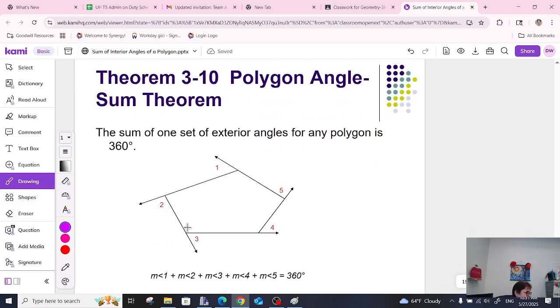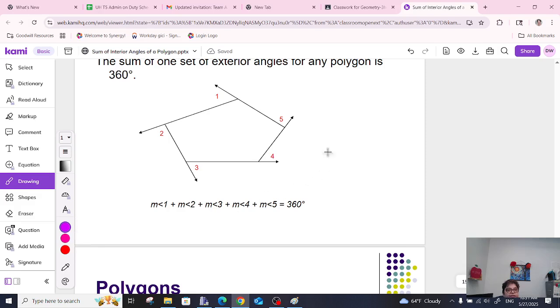Okay, so the theorem, and it's in your notes: the sum of one set of exterior angles for any polygon is 360. Now, if it's a regular polygon, I'm going to add to this.